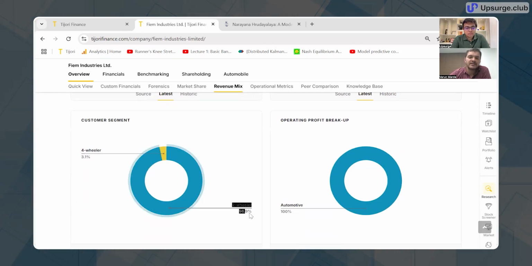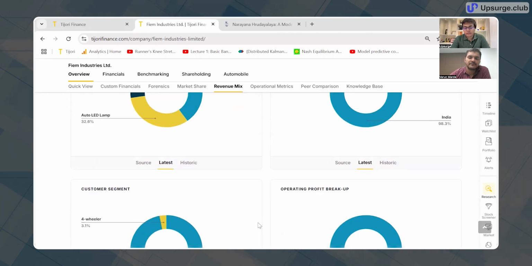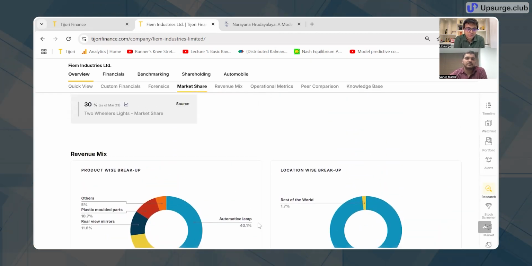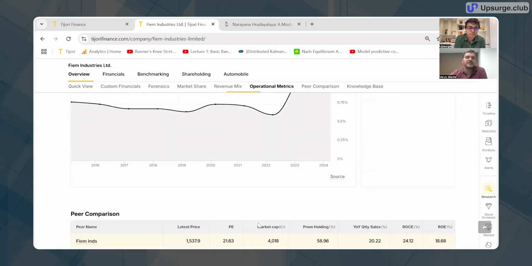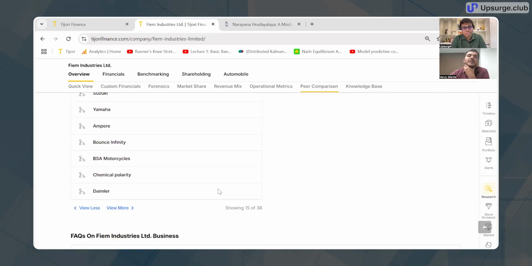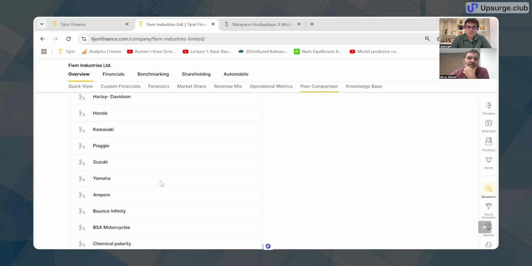It gets 96% from two-wheelers. So it has a list of all the customers that FIEM eventually sells its products to. Of course, it might have other customers, and many companies don't like to disclose it sometimes. But of what FIEM has listed, these are the ones.